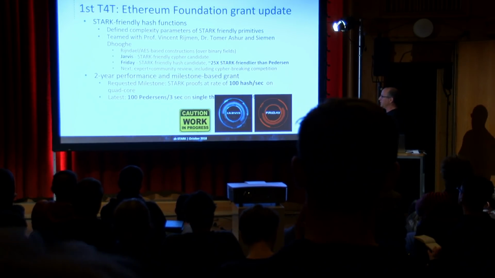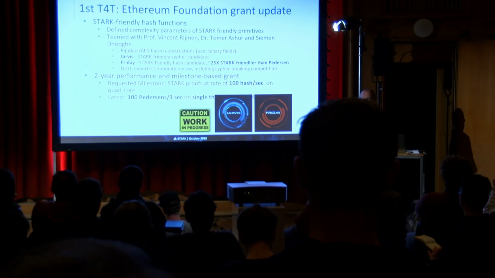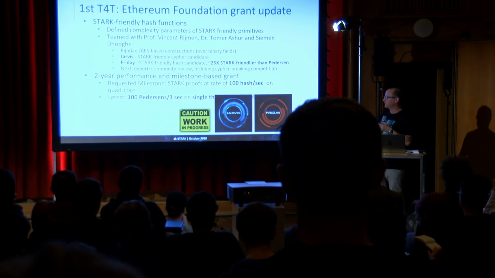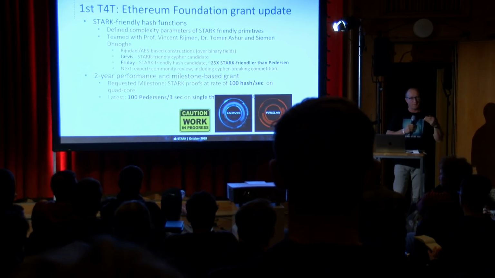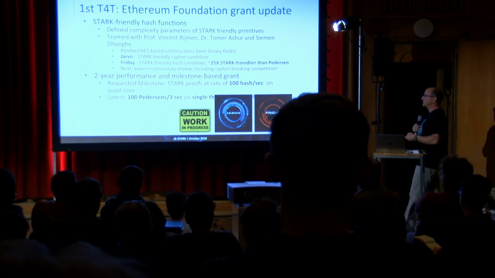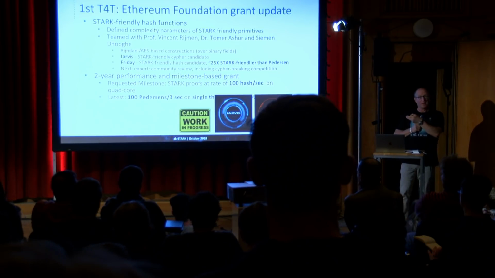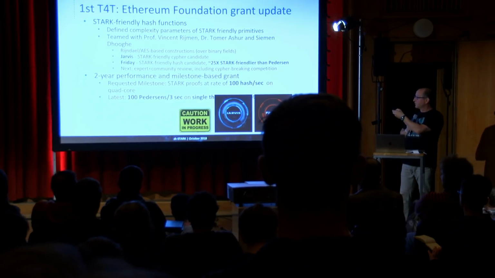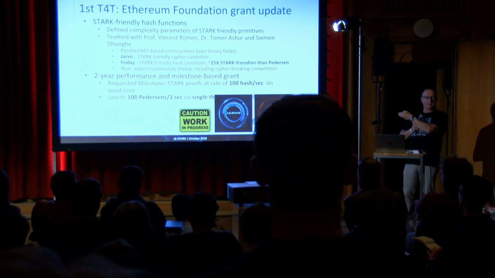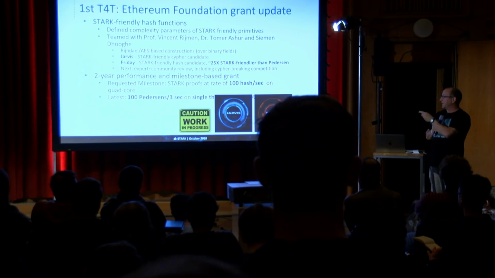Another thing is that we committed, as part of our agreement with the Ethereum Foundation, to a two-year project in which one of the main deliverables is a Stark proof at a rate of 100 hashes per second on a quad-core computer. As I just showed you previously, we're roughly running at 100 Pedersen hashes in 3 seconds, and that's on a single thread.